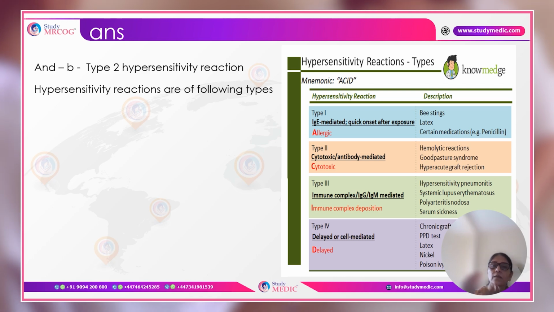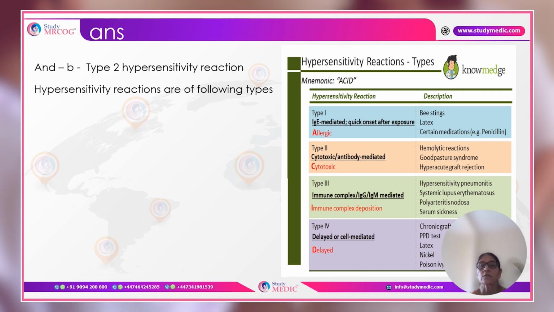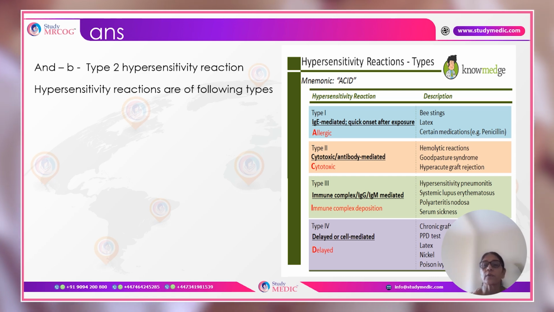The second letter in ACID is C. So type 2 or C is because of cytotoxic, or it could be antibody mediated. Which are the ones here? Hemolytic reaction, Goodpasture syndrome and hyperacute graft rejection.